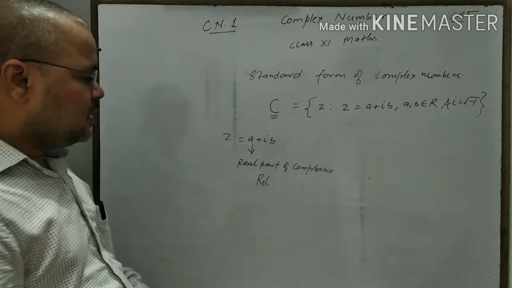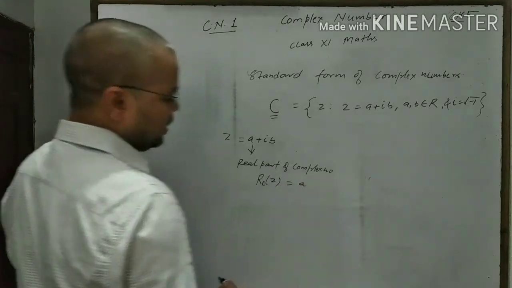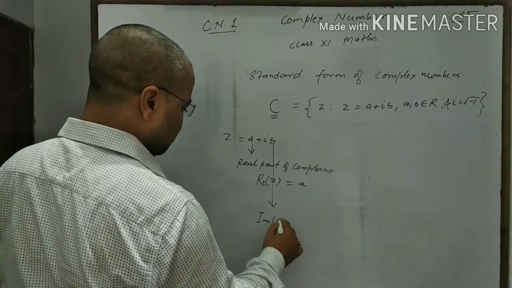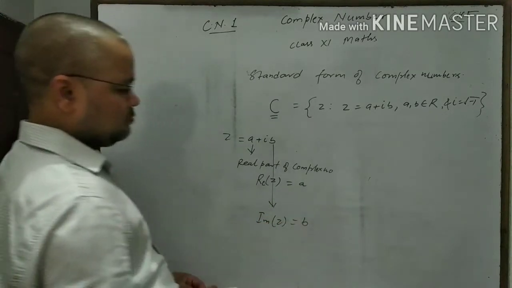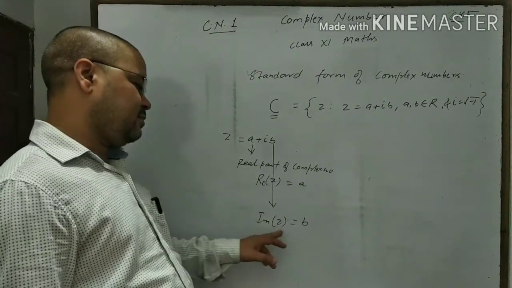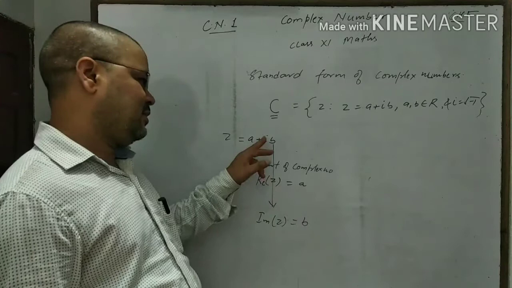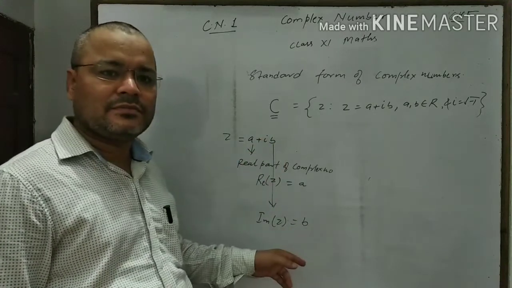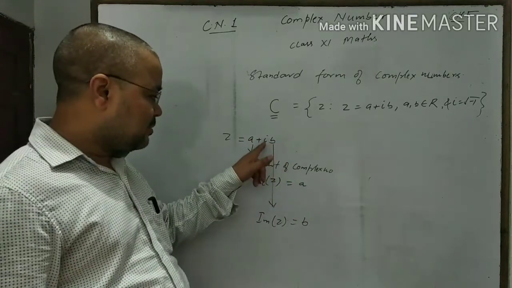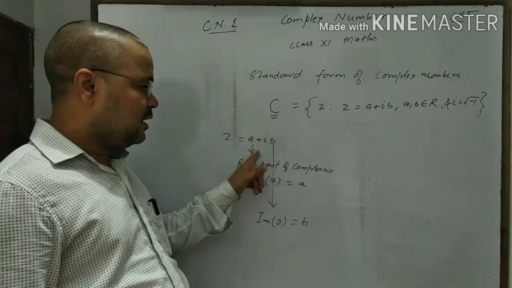So a is the real part of the complex number, and b is called the imaginary part. Listen, real part and imaginary part both will be real numbers. Real part a is a real number, b is also a real number. When b is multiplied by i, that is under root -1, it gives the imaginary number.